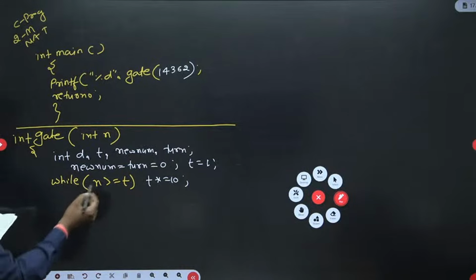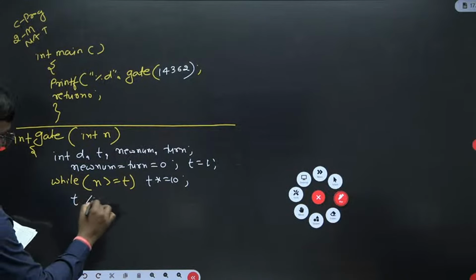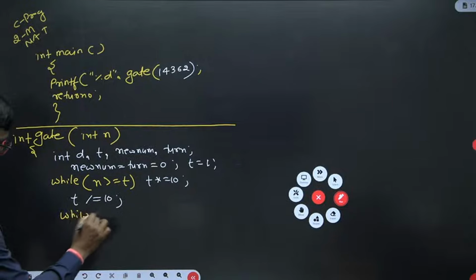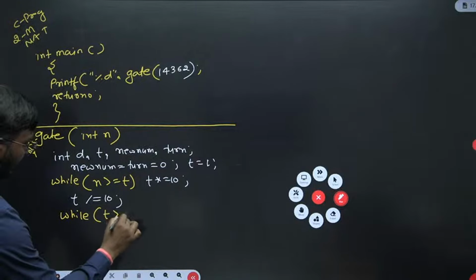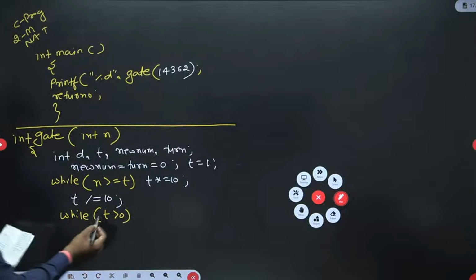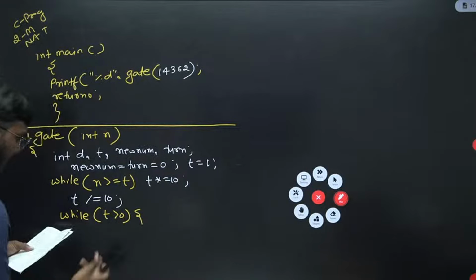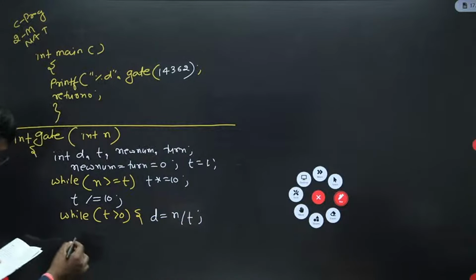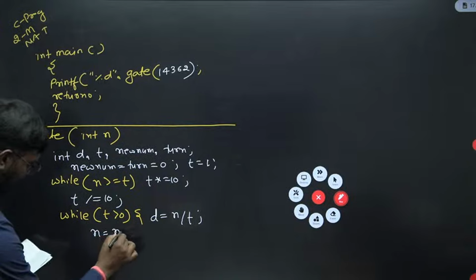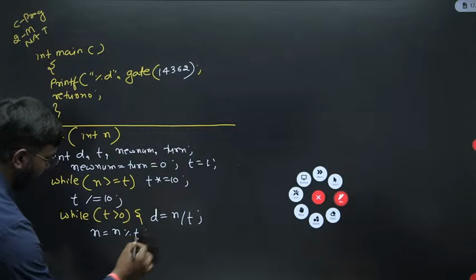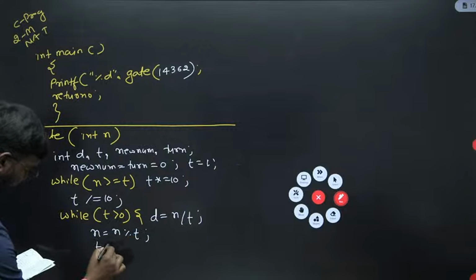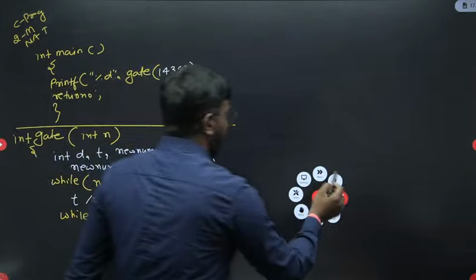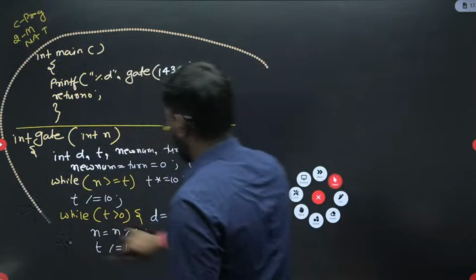Then after this we have t /= 10, and then one more while loop: while t is greater than 0, execute these statements. d is equal to n divided by t, then n equals n modulo t, then t /= 10. Then we have two if conditions.